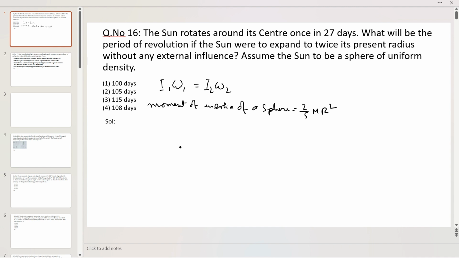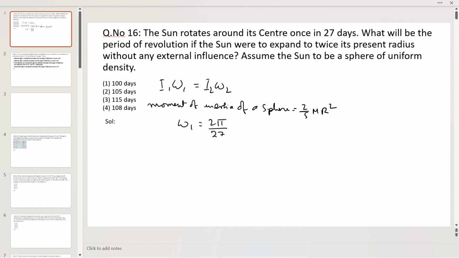This is the moment of inertia of a sphere, and omega 1 is equal to 2 pi by time period, which is 27, it is given to you, and we have to find omega 2.